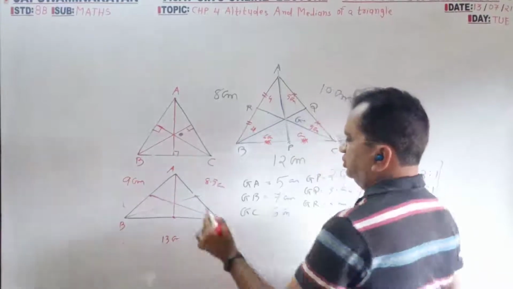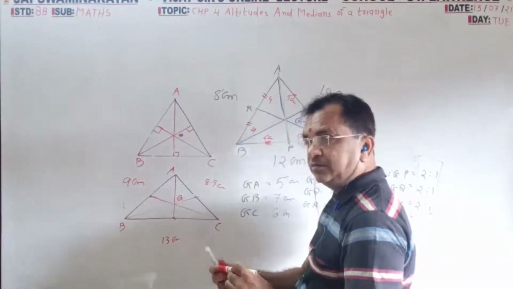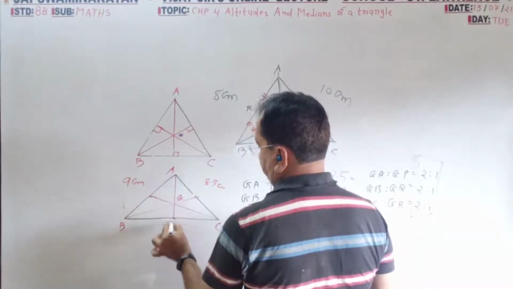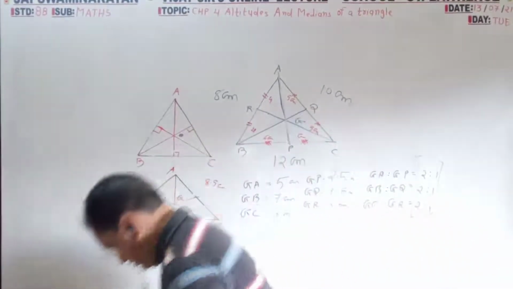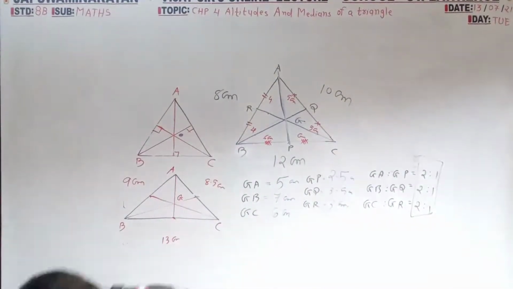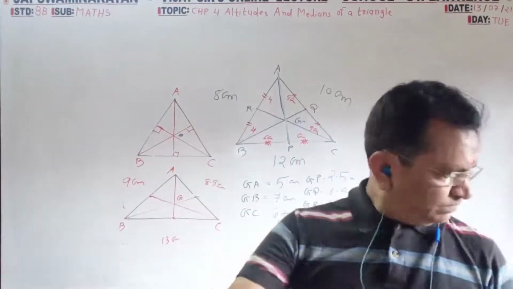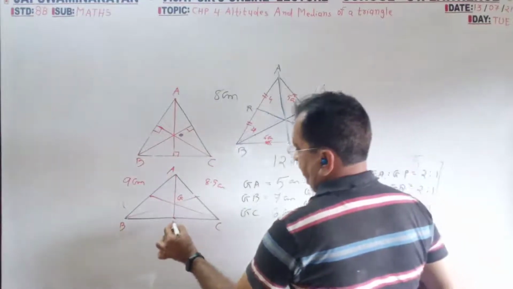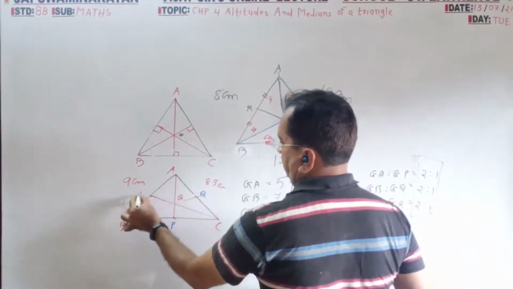Now this is G. This is opposite to A, P. Opposite to A it is P. Opposite to B it is Q. C to R.